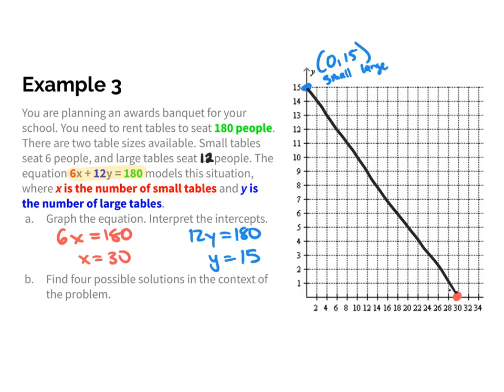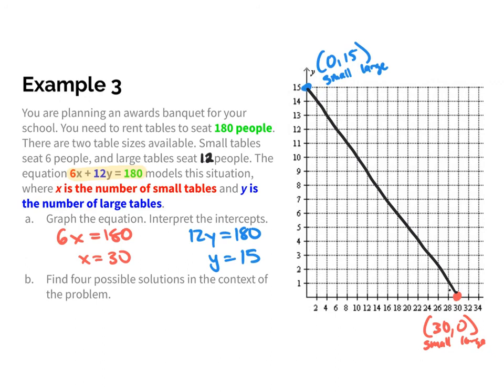For the x-intercept, (30, 0), this means I would want 30 small tables and 0 large tables.